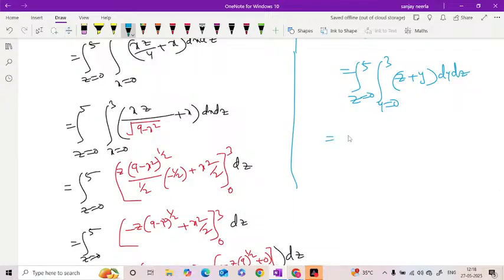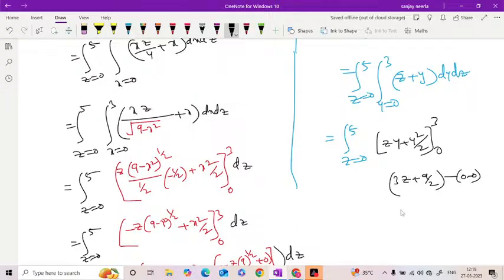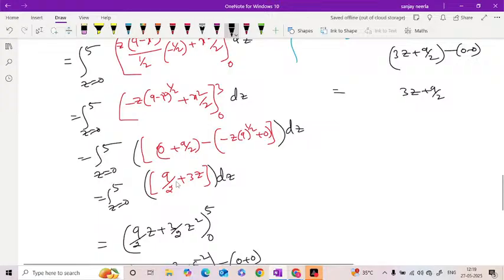After evaluating the first integration, we get z y plus y square by 2 with limits 0 to 3. The upper limit 3 gives 3z plus 9 by 2, and the lower limit 0 gives 0. That means 3z plus 9 by 2 is the first evaluation.